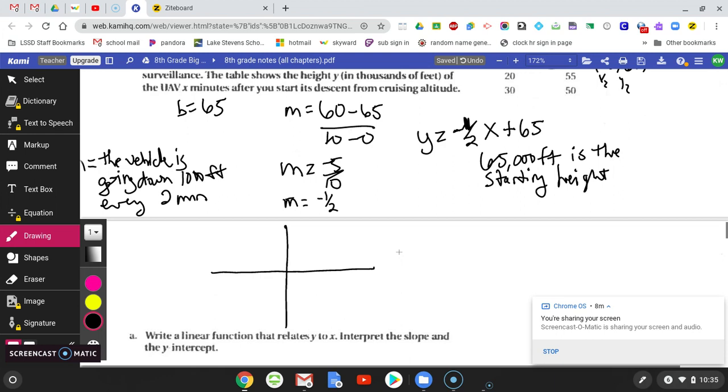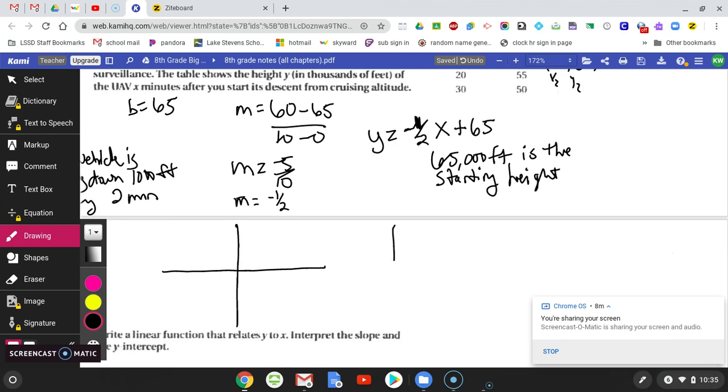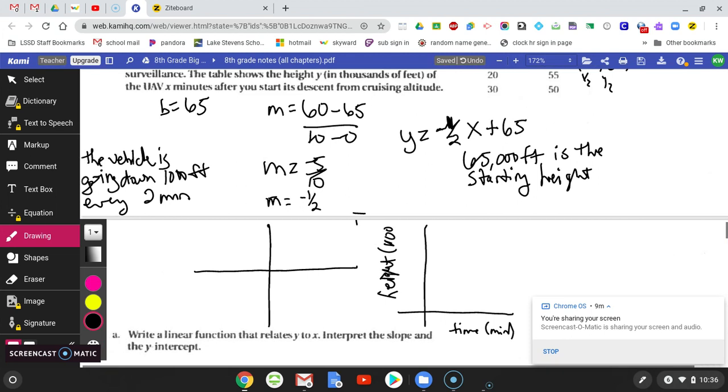I would actually say we could start with it looking more like this, because we know we're talking about when time is positive, we can't have negative time, so we don't have to worry about having anything over here. And we're talking about height over this way, and that would be in thousands of feet.